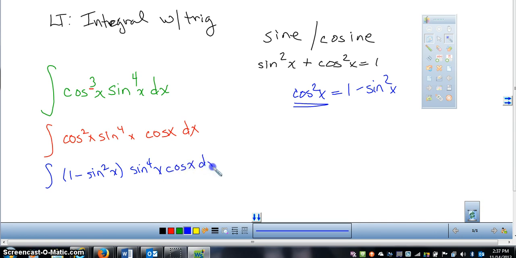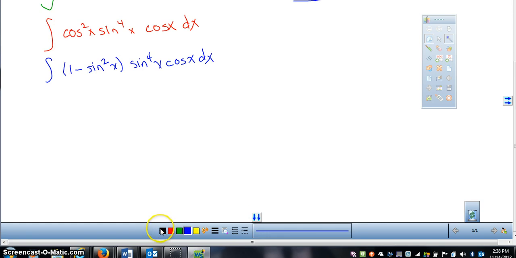And the reason that I did all this is because eventually we're going to use a u substitution. And remember, the derivative of sine is just cosine. So before I do the u substitution, I would distribute, and I would get sine to the fourth of x times the cosine of x minus sine to the sixth of x times the cosine of x dx. And now you can integrate.